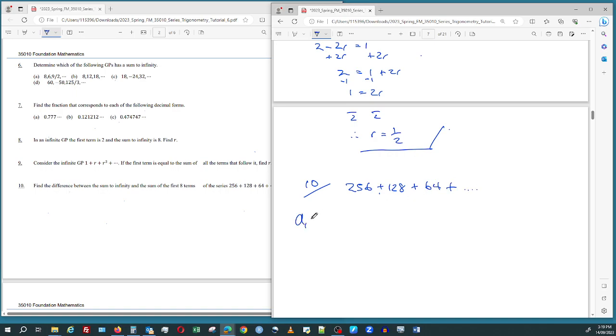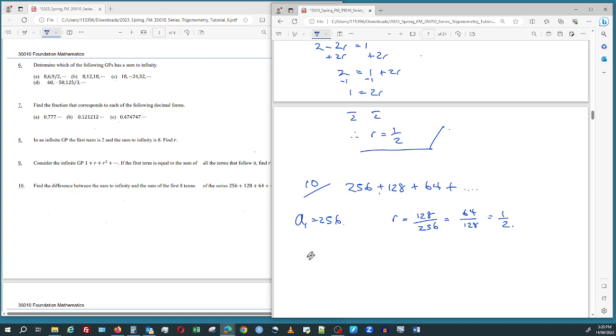So A1 is 256. R is going to be the same for both terms. So we're going to take a placeholder and divide it by the previous one. Okay, and you can clearly see that that's going to be a half. So R is a half.